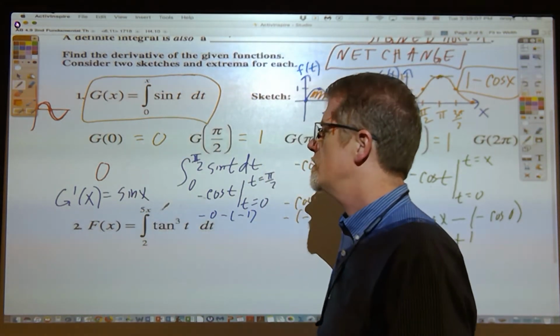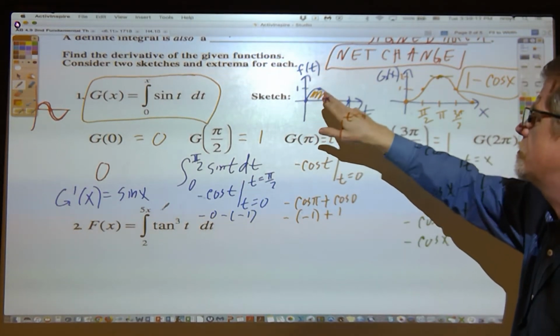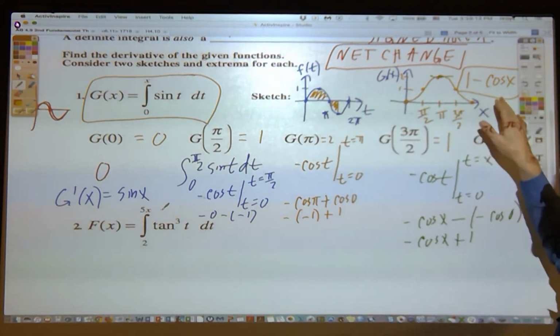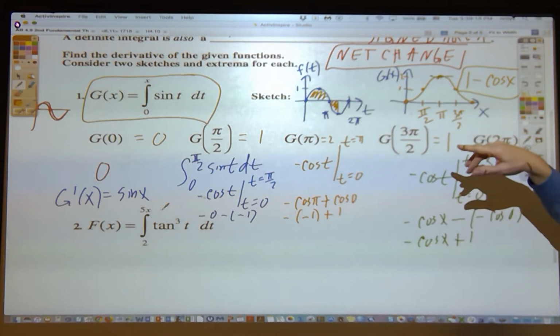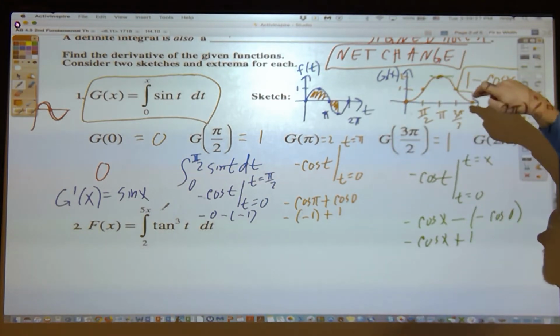And when is g prime of x equal to 0? Well, sine x is equal to 0 at 0, pi, and 2 pi. So it's no surprise that the accumulator function has extrema, relative min, relative max at 0, pi, and 2 pi.